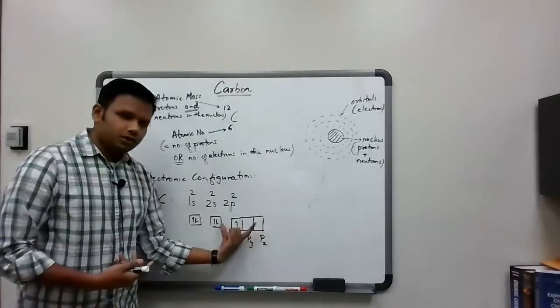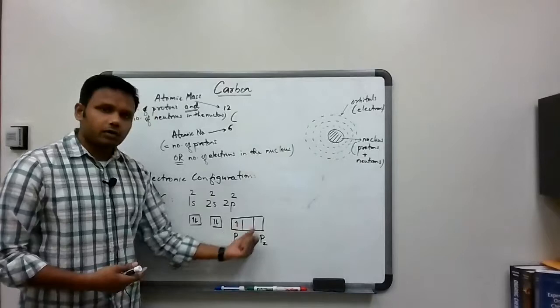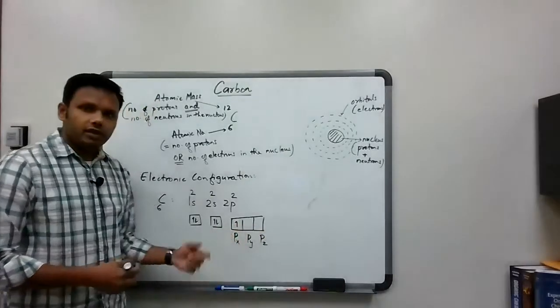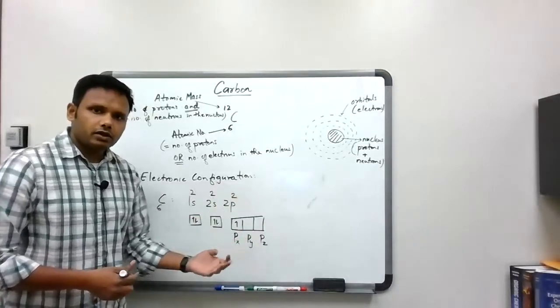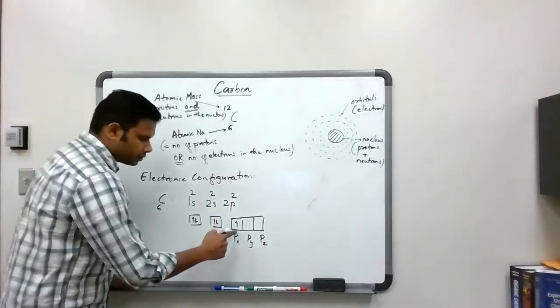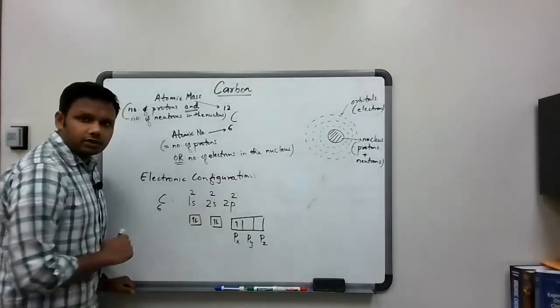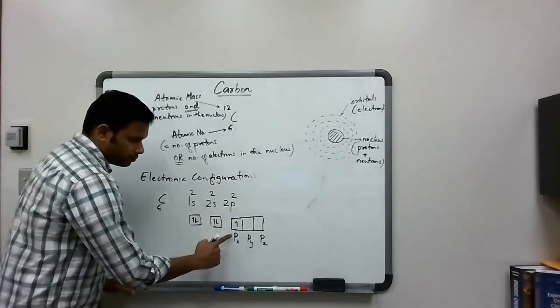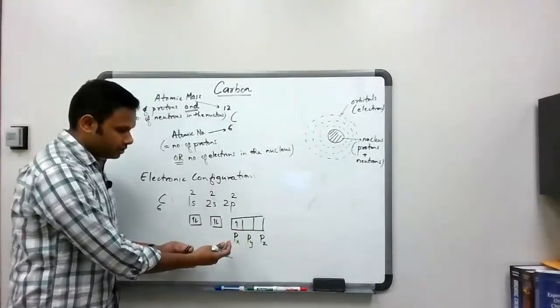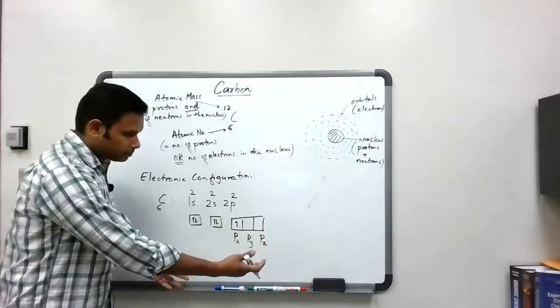When you come to the 2p, you have 3 orbitals, which are all equal in energy. So this is where we first singly occupy the orbitals before we start pairing electrons. For 2p, we have 2 electrons in the p orbitals. So we put 1 electron in the px. Now I could put it in any of these orbitals, it could be in py or pz.